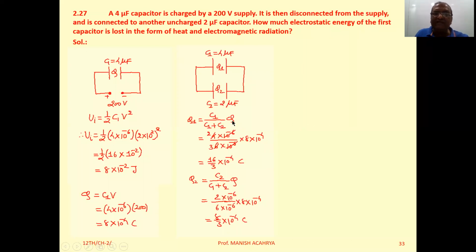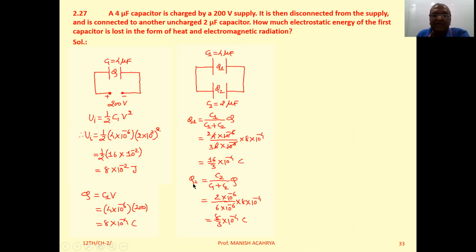Total amount of charge Q, which is distributed between those two capacitors, is 8 into 10 raised to minus 4. You will get Q1 that is 16 by 3 into 10 raised to minus 4 coulomb.